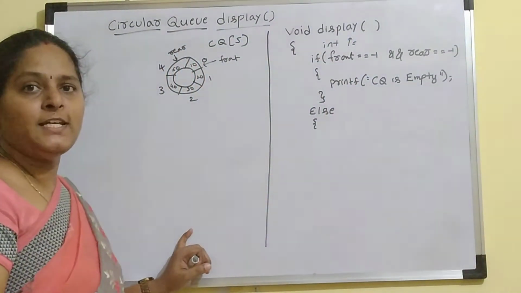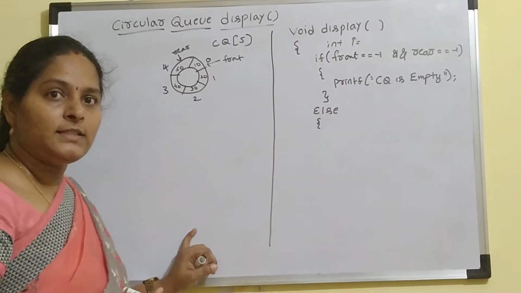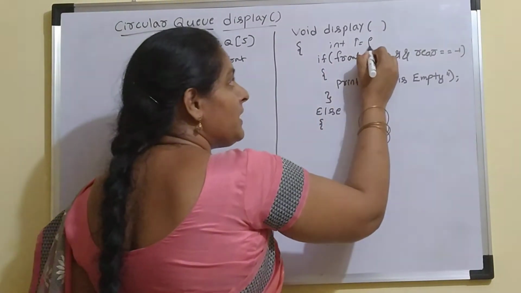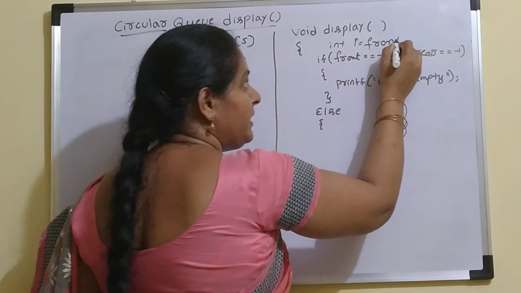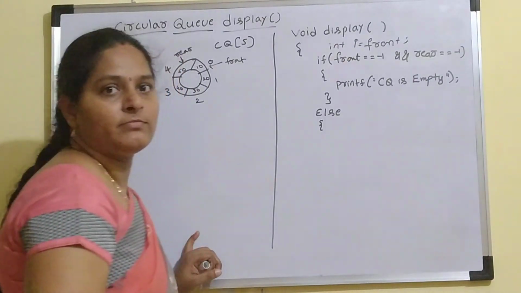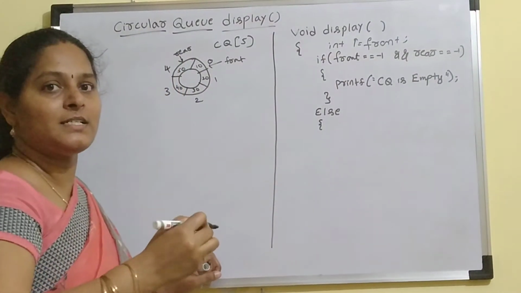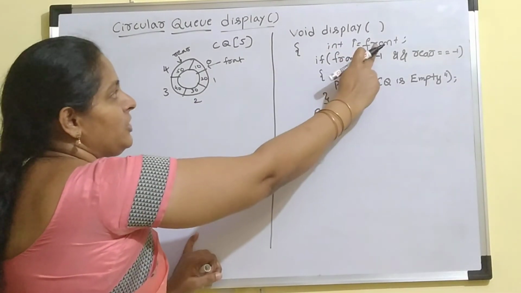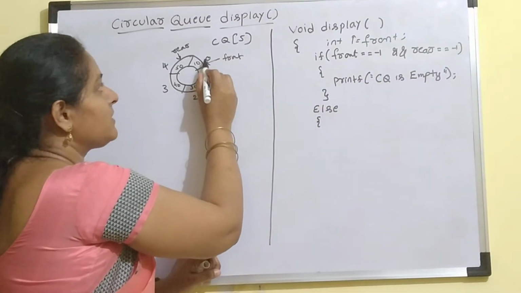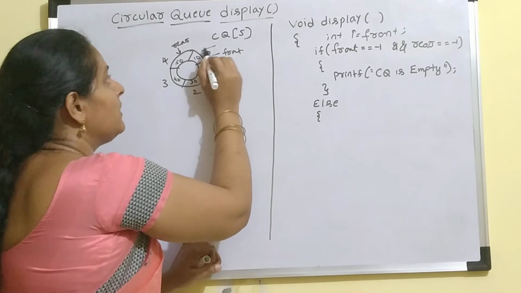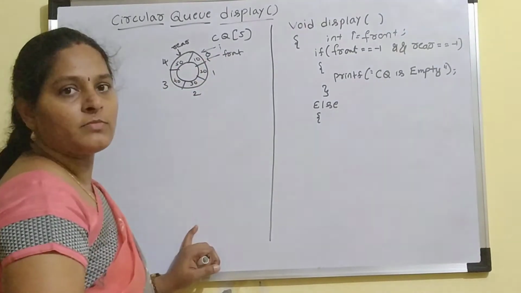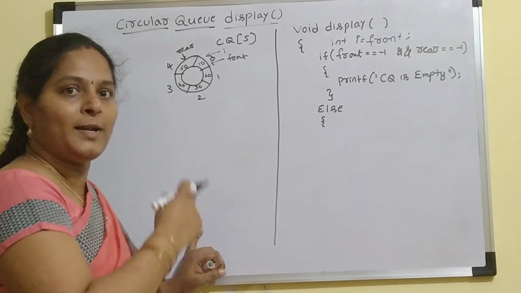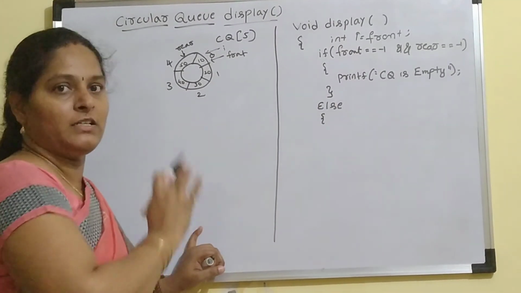Initially I should start printing the first element, so initialize i with front, so that printing starts from the first position. What is the front index? 0. So the i value starts from here. Move the i value one by one and at the same time print the value.